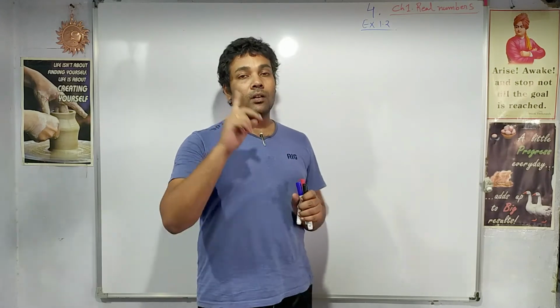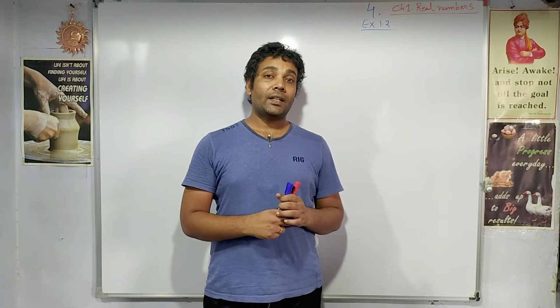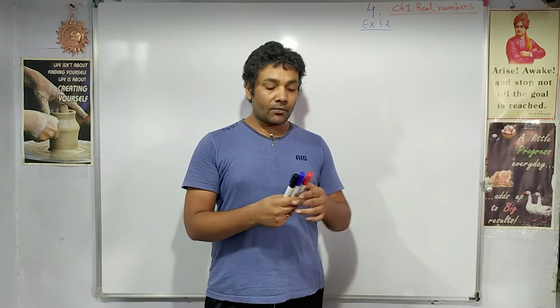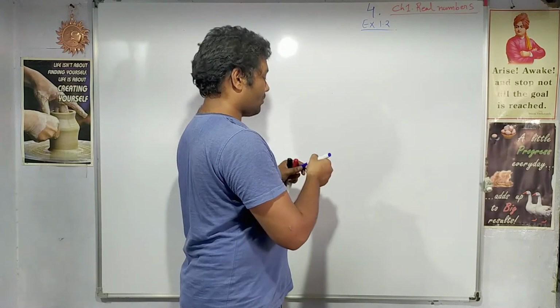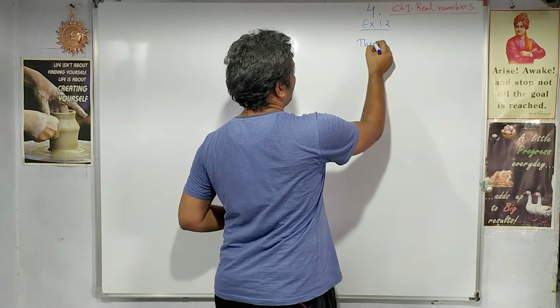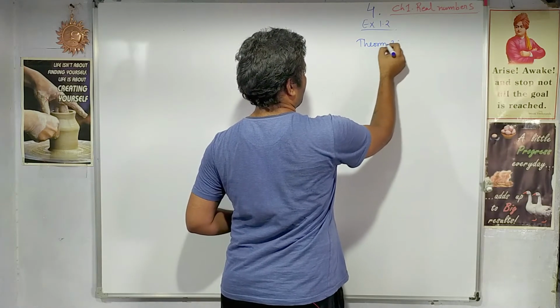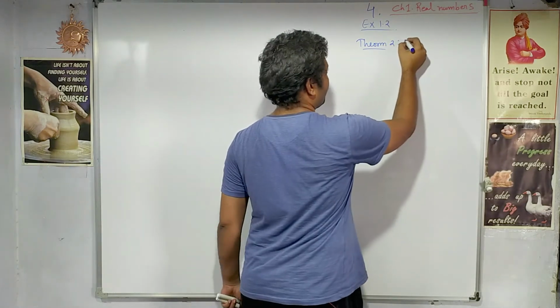So the first theorem which we had seen was Euclid's theorem. Here we have another theorem, theorem number 2. What does this theorem state?